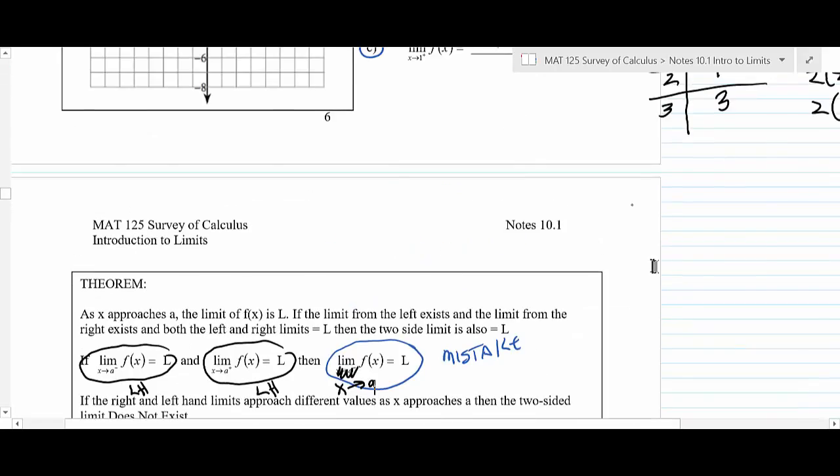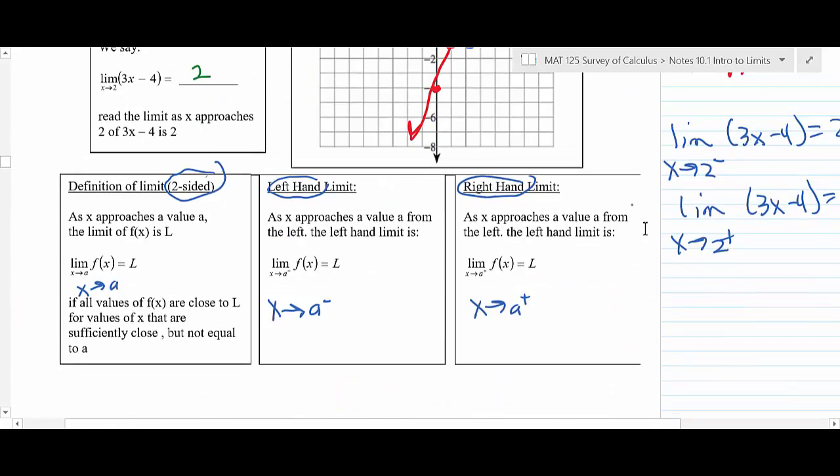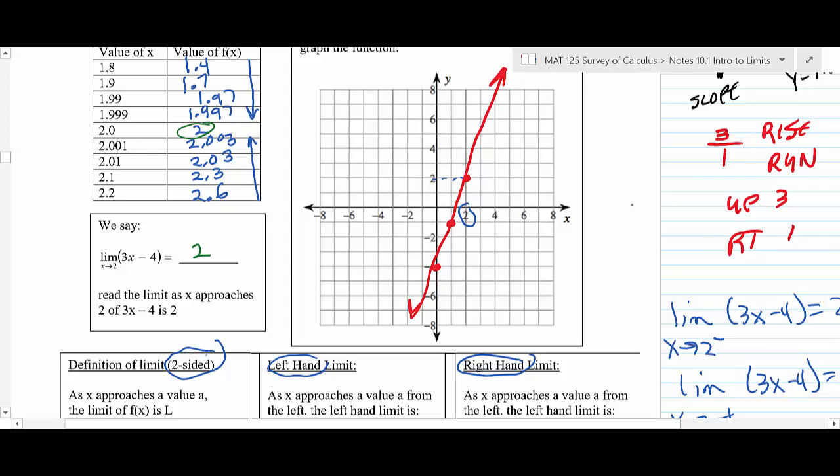Now I'm going to back up to this problem that we did earlier in class. When we did this one, we were interested in the limit as x went to 1. The left-hand limit is going there, isn't it? The right-hand limit's going there. If the left-hand and right-hand limits go to the same place, then what's the two-sided limit? Same answer.